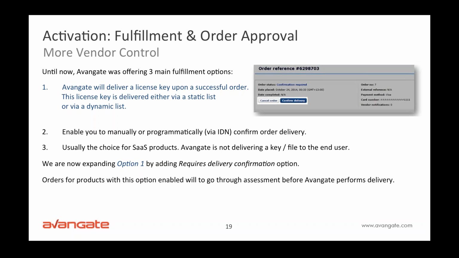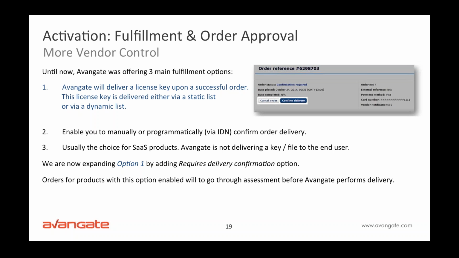But we've heard from some of you that you actually wanted a little bit more control around approving orders, around fulfillment, especially in scenarios in which Avangate is doing all of the heavy lifting.